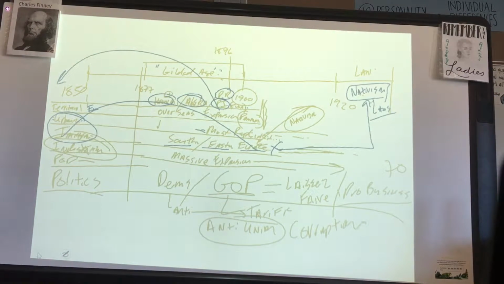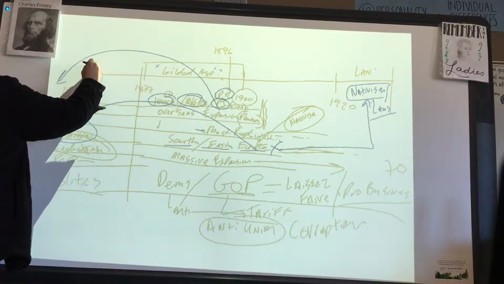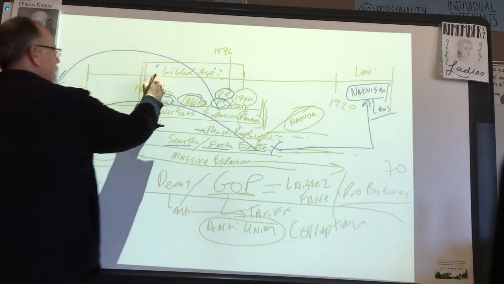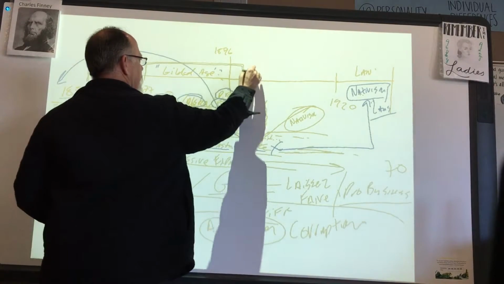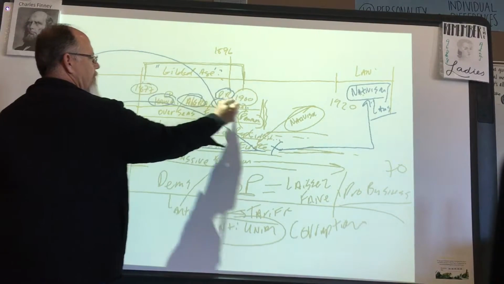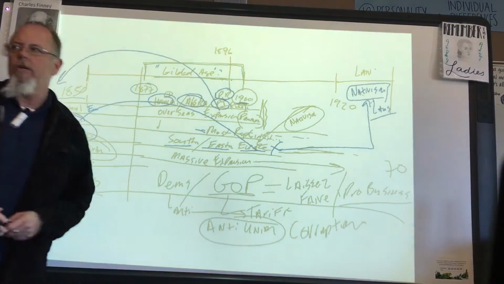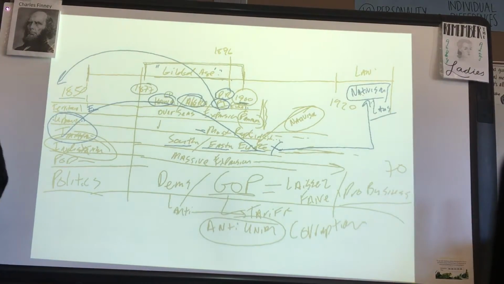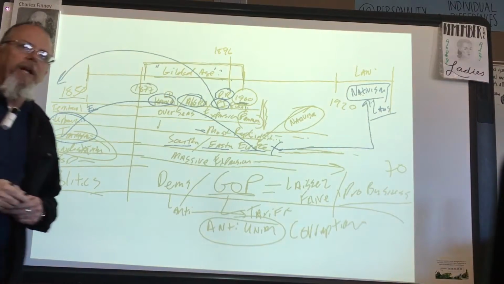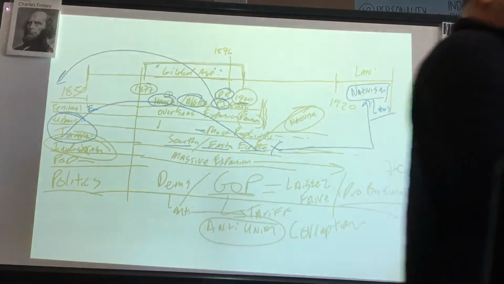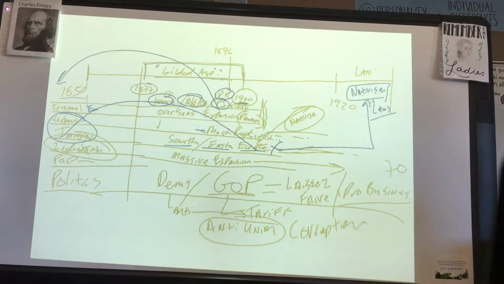Okay, so specifically start with 1800 to 1850, and then this era right here, 1877 to 1900, is known as the Gilded Age. Gilded means decorated with gold. And think about it.